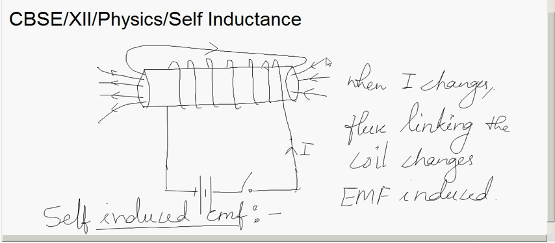So the phenomenon of induction of EMF in a coil due to change in current or magnetic flux linking the coil itself is called self-induction.